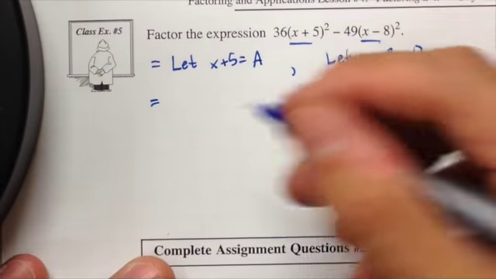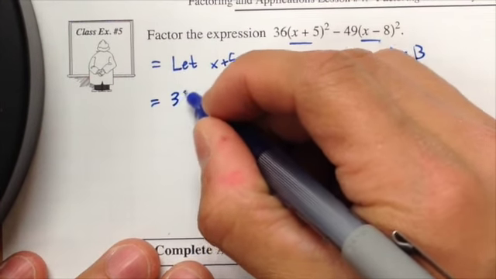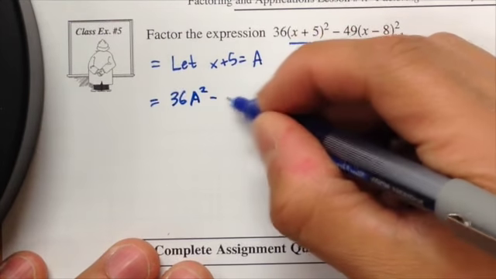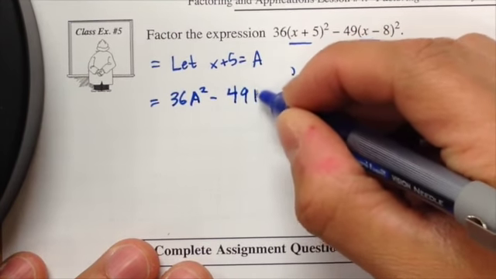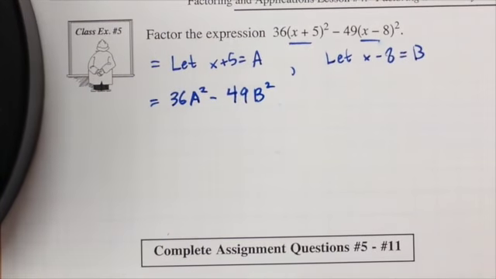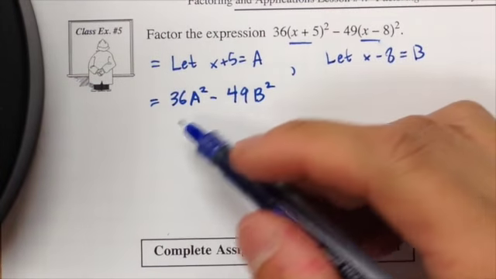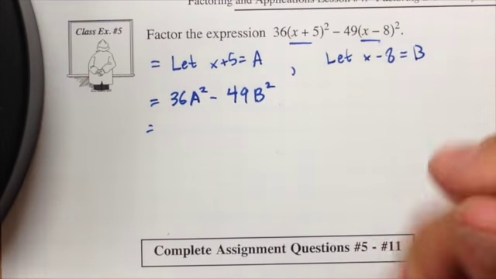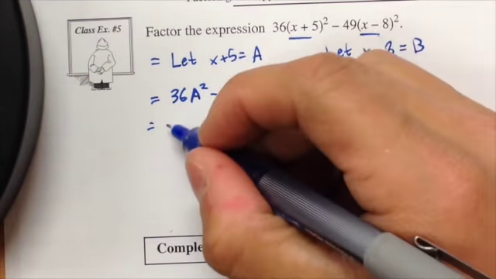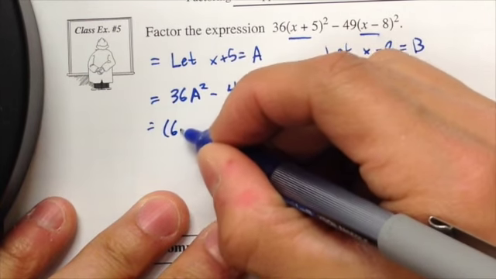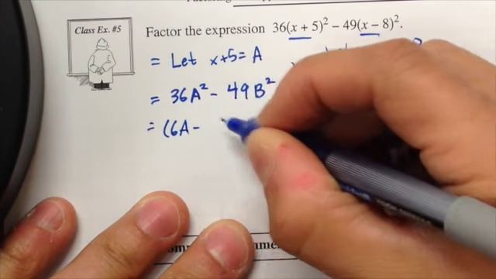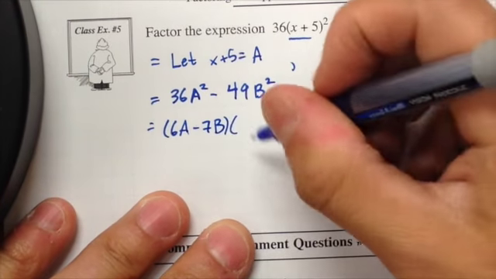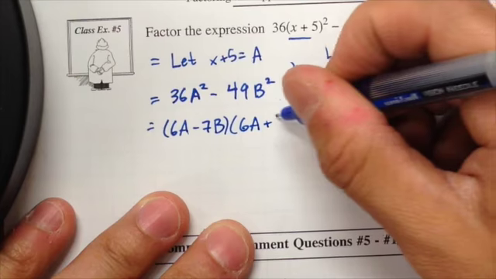Okay, so now what we have here is 36a squared minus 49b squared. All right, and so if I were to take the difference of squares with 36a squared and 49b squared, what I'm going to be left with is 6a minus 7b times 6a plus 7b.